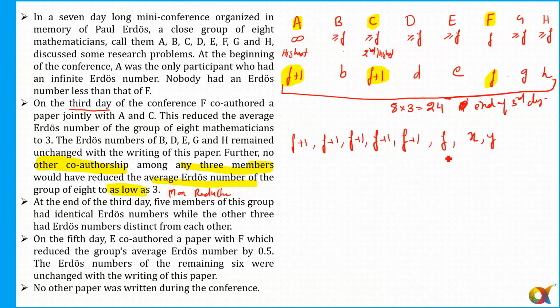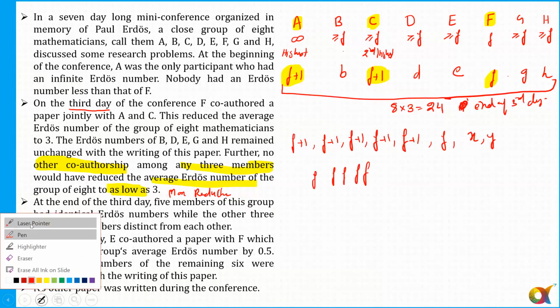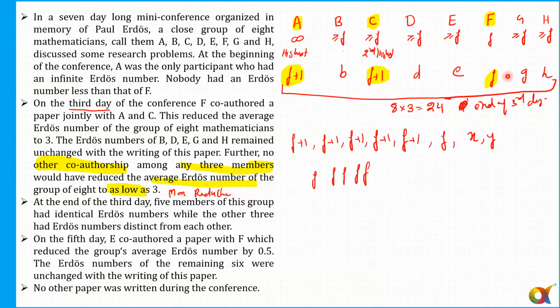Because remember, 5 people at the end of the third day, out of these 8 people, have got the same number. But can these 5 of them have got F? Because if 5 of them get F, that is not possible. So among these 8 numbers, 5 of them have got the same value.